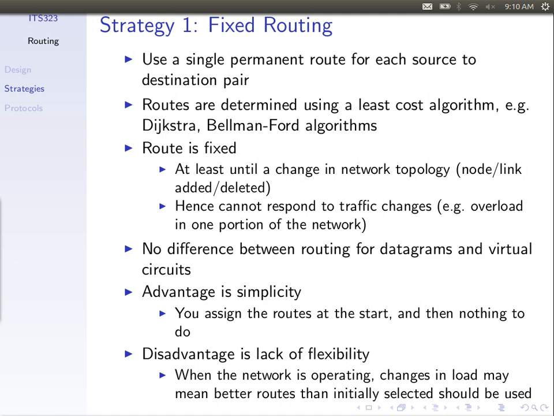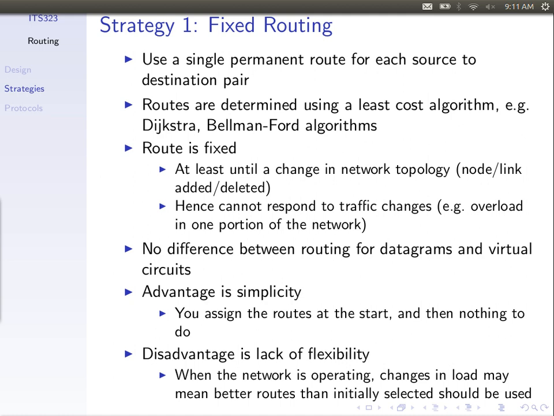Fixed routing is applicable when we have small networks, tens of nodes maybe inside SIT, when things don't change much, okay? Because we only set the paths at the start. Possibly if there's some major change in the network, we can recalculate the paths.